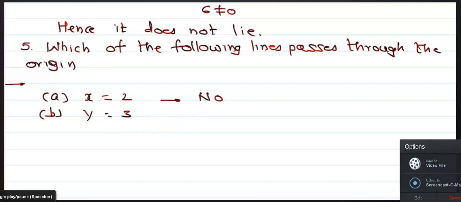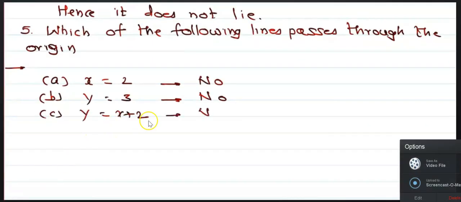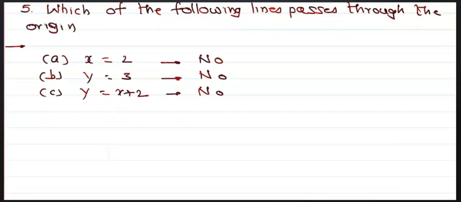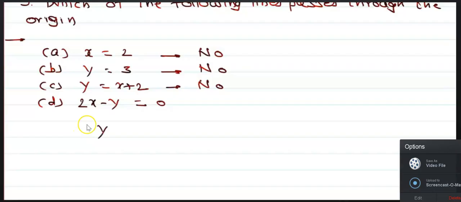Therefore it does not pass through the origin. y is equal to x plus 2 again has a y-intercept. Therefore the line does not pass through the origin. 2x minus y is equal to 0. Yes. This is a line of the form y is equal to mx and it passes through the origin.